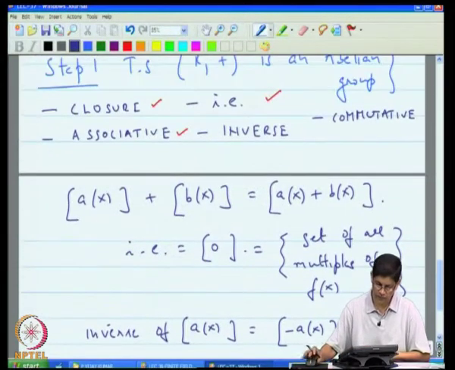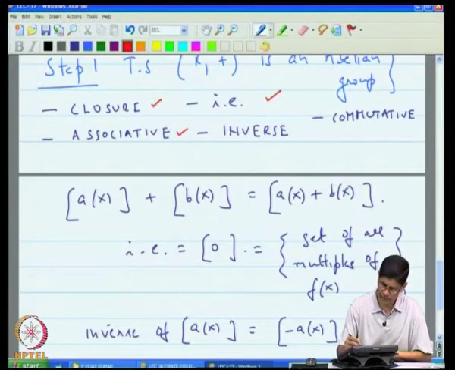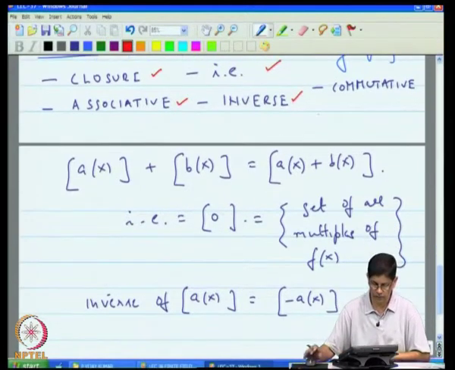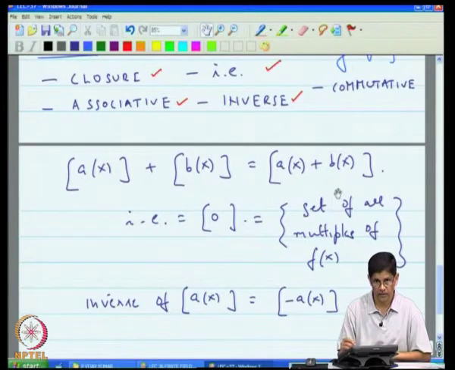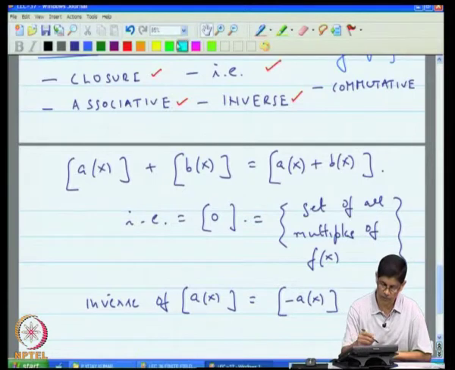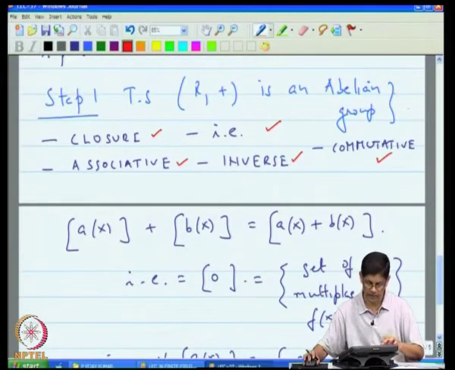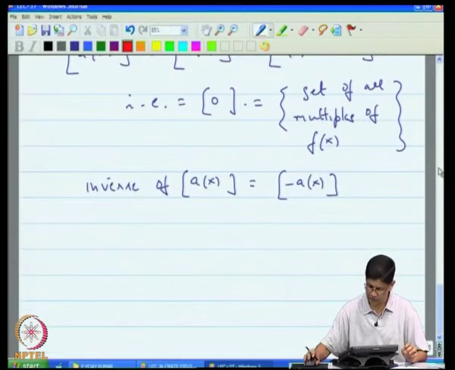Okay, so now even that has been verified, and commutativity, of course, simply because the order of addition does not matter, it is not going to matter here. So we verified all of these properties. So that shows that R plus is an abelian group. Next we come to step 2.